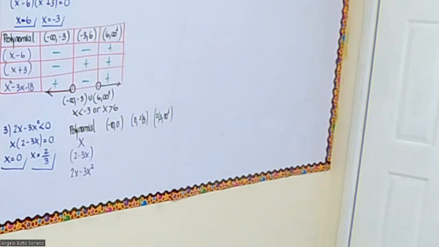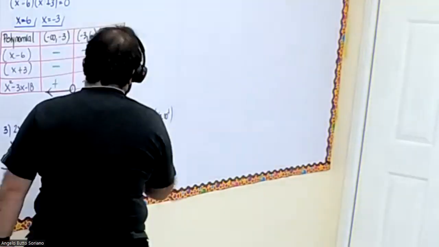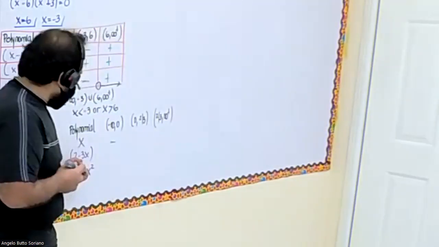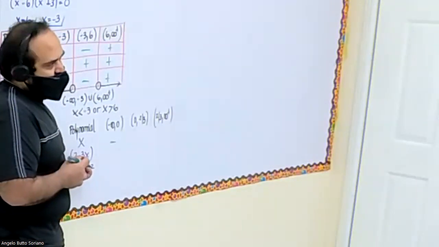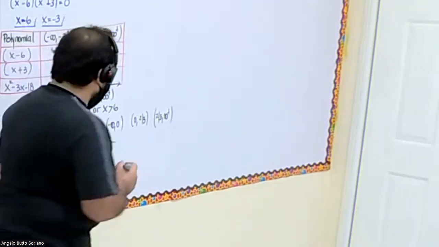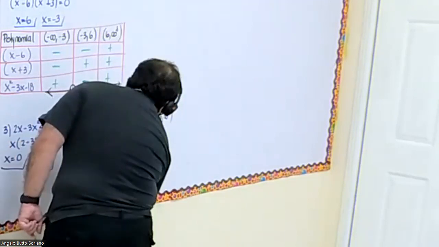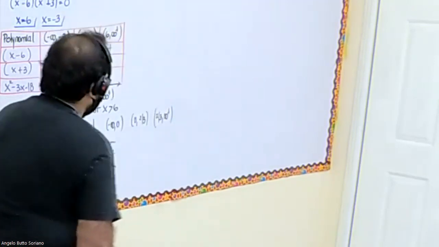Once again, choose a number between negative infinite until 0. We can choose -1, right? So -1, the first one, will be negative. The second one, -3 times -1 will be +3, plus 2 will be positive. Negative times positive will be negative.